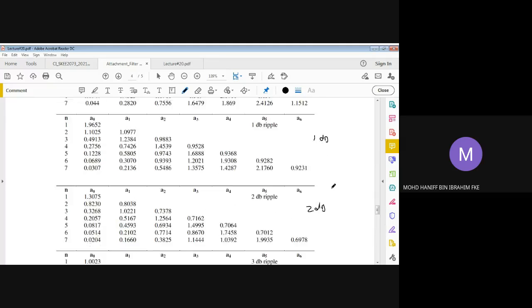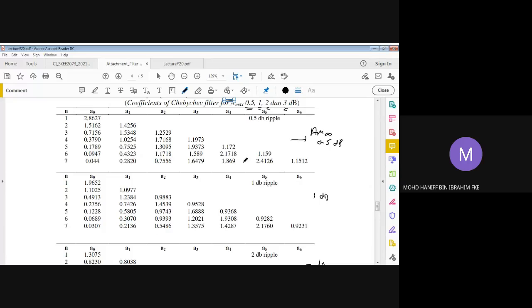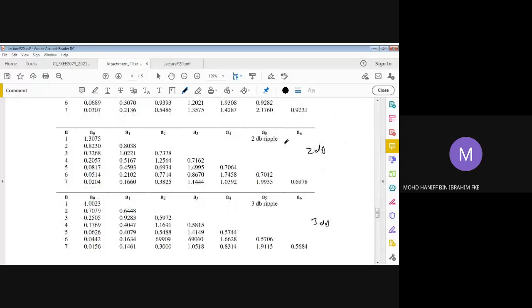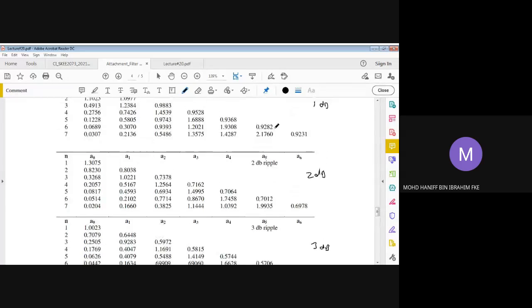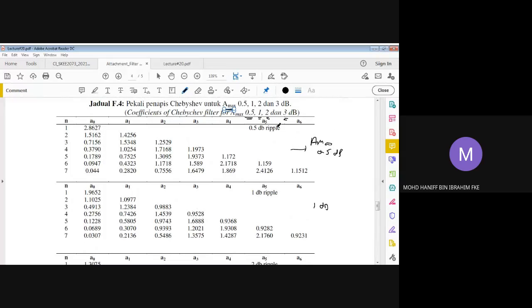So we have 4 distinct values of A max and 4 distinct sets of Chebyshev coefficients. For instance, let's say in your problem you need to design a Chebyshev filter for the case of A max of 0.5 dB. By applying equation 6 just now, to calculate the filter order n, if you manage to get that the filter order n is equal to 4, for instance, your A naught is this one, which is 0.3790.